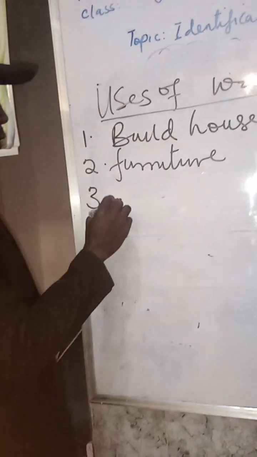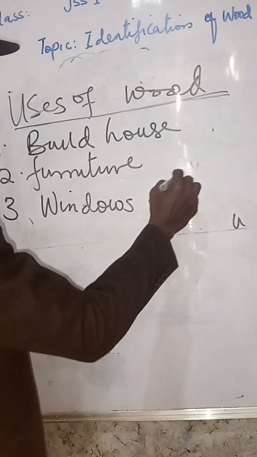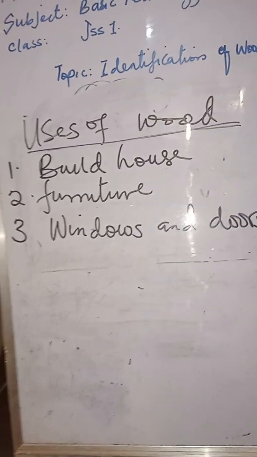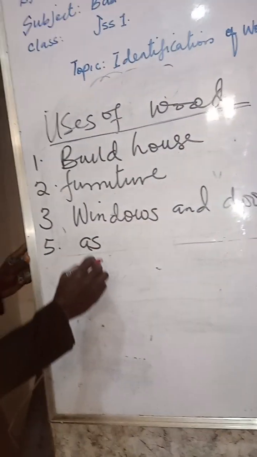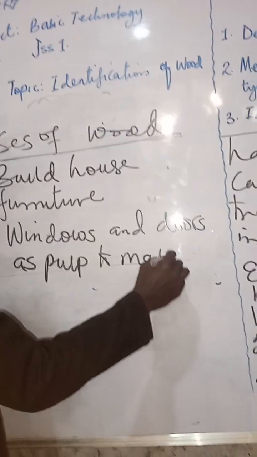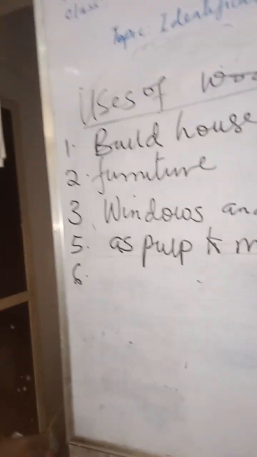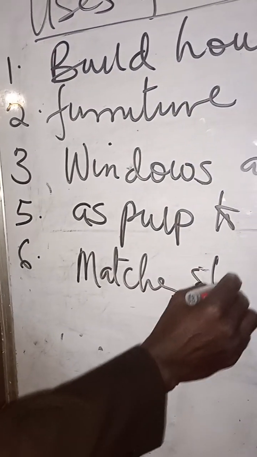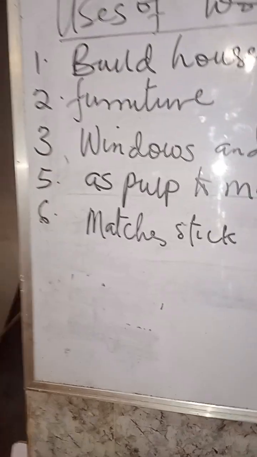We use wood to make our windows and doors. Number 5, we use wood as pulp to make books. We use wood for our matchsticks, etc. These are the uses of wood.